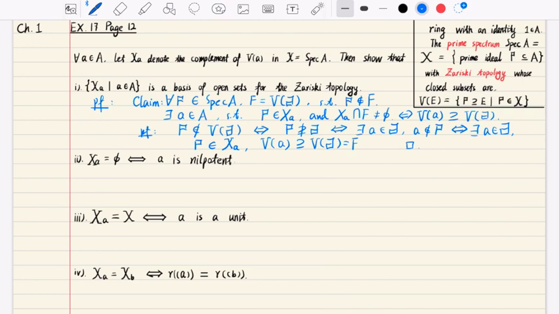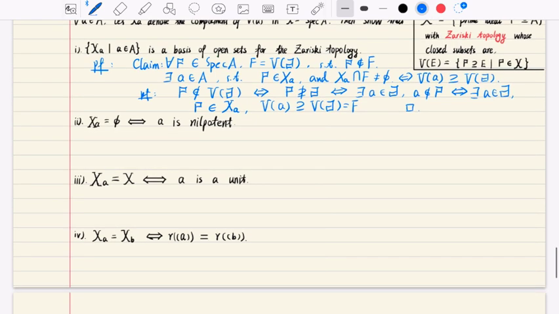Well, the next two questions are not necessarily correct for any topological basis, but here we can see it is correct. They are correct. The first thing is about when this basic open set is empty.